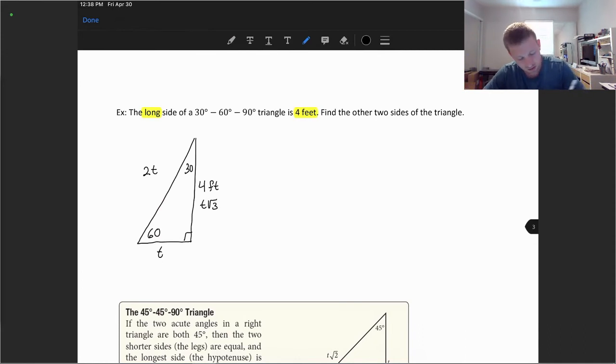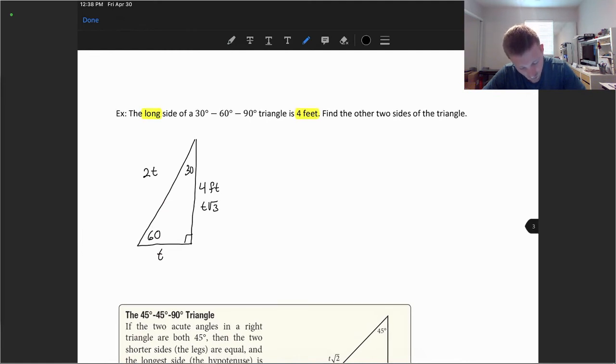I can set up a ratio here to solve this triangle. I know that 4 feet is to t roots of 3, that ratio is equal to t over, well, let's call this an x. I want to solve for that length there.